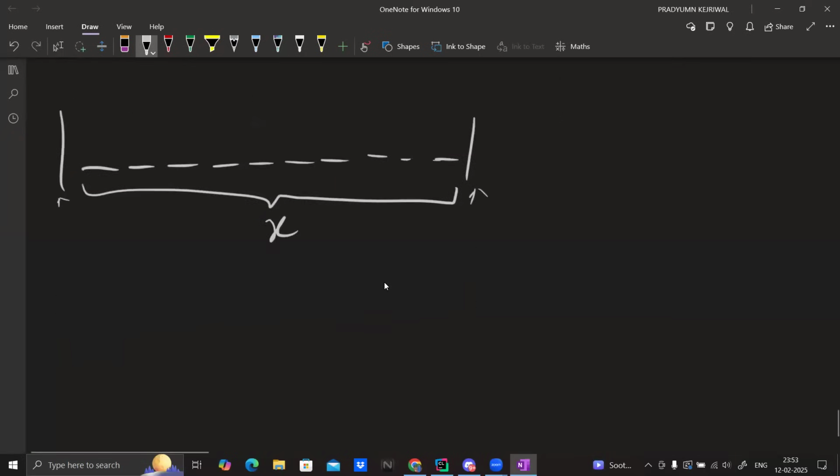Then basically, if I sit in the middle, what is my distance? Let's calculate that. So if there are two gaps, then the distance is what? Either I sit here or here. So in both the cases, distance is 1, right? So for 2, it is 1.